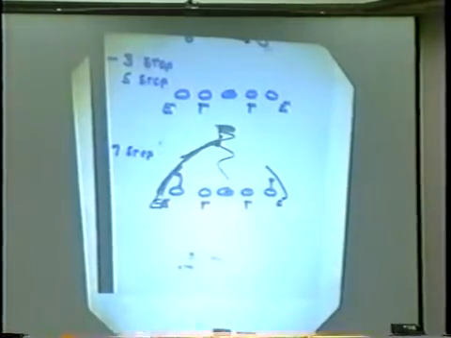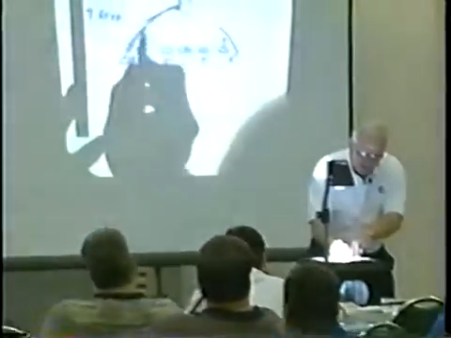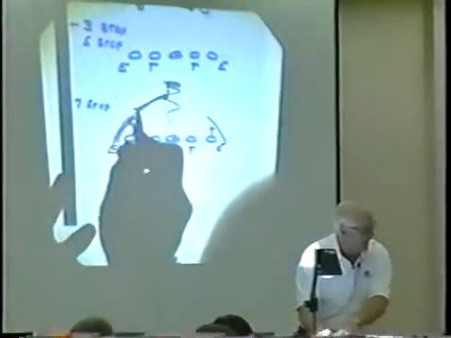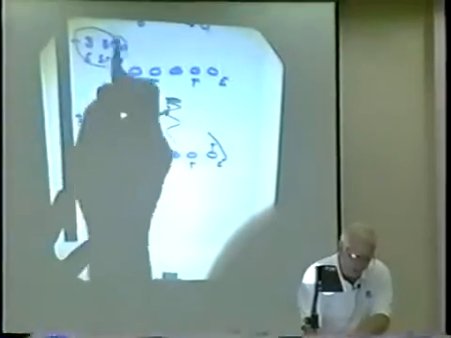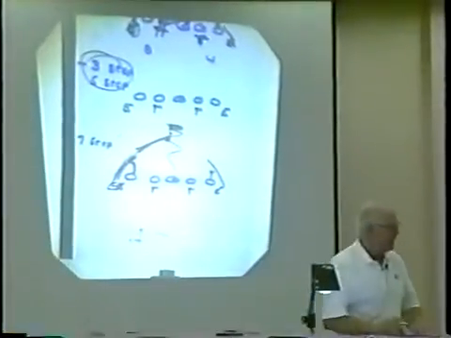Now the game has evolved to a hell of a lot of 3-step and 5-step drops, so you can nullify this guy easily because of what's happening here, in the passing game at our level.